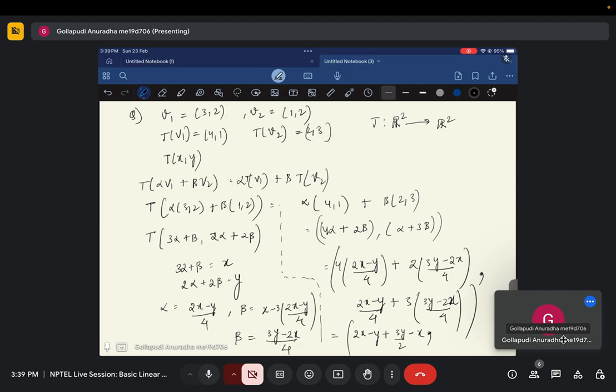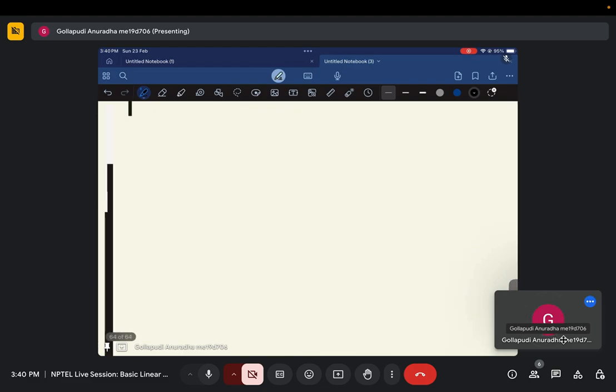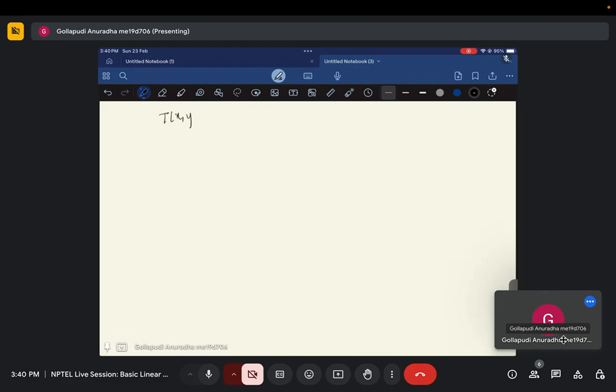I hope you are able to get the answer as x plus half y, minus x plus 2y.